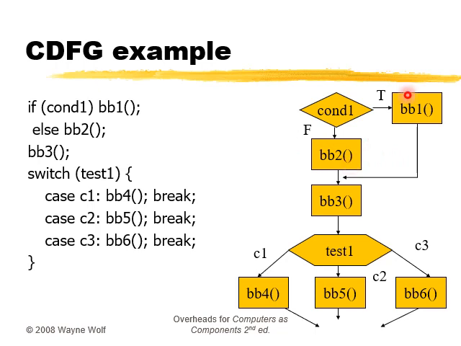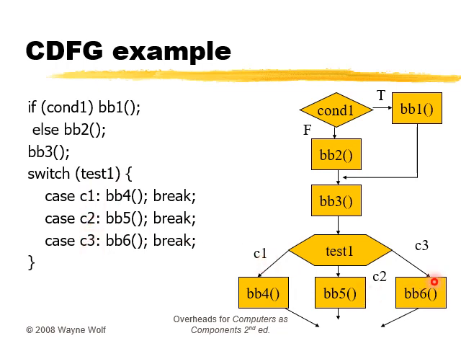What happens if we have true for bb1? We go to bb3. Otherwise, if it is false, from either way we are going to go to bb3. Once we reach bb3, you see in the code we have a switch statement on c1, c2, c3. So we have three cases.